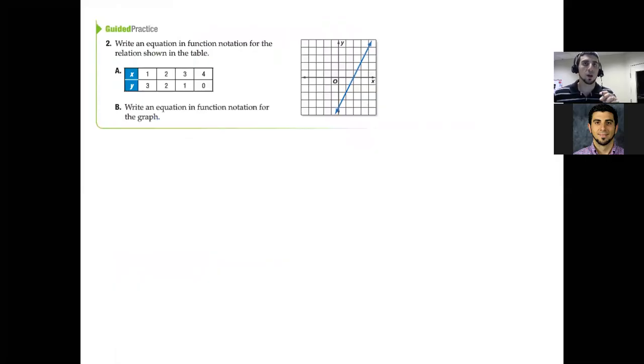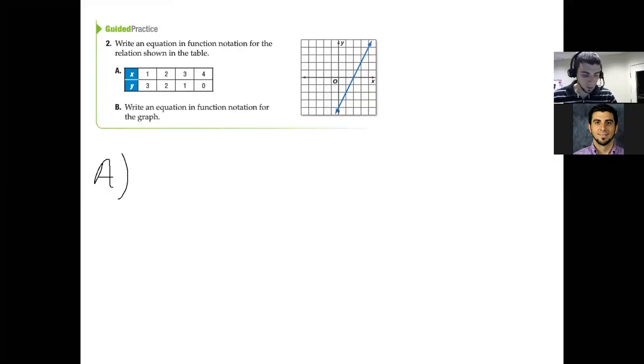Okay, we're back. So I will say that A is a different problem than B. Let's do A first. For part A, I want to write an equation in function notation for the relation shown in the table.